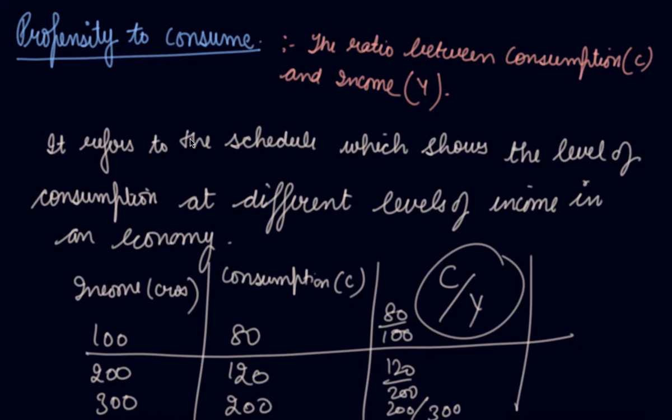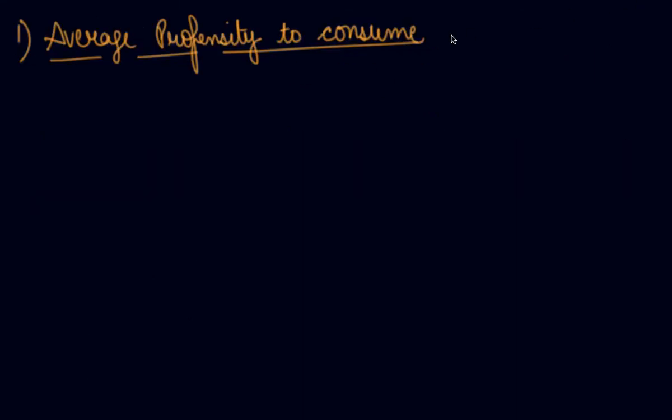Further, your propensity to consume is divided into two parts, that is your average propensity to consume and your marginal propensity to consume. See, your average propensity to consume is the ratio of your consumption expenditure to the particular level of income. Let's say your income is 100, 200.